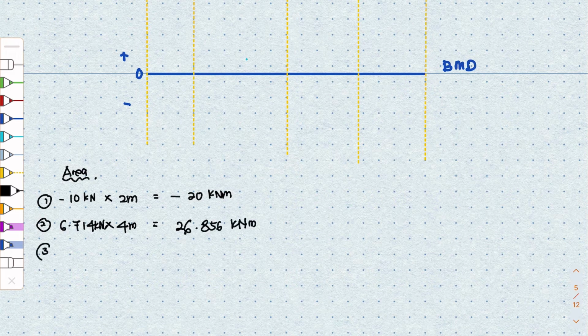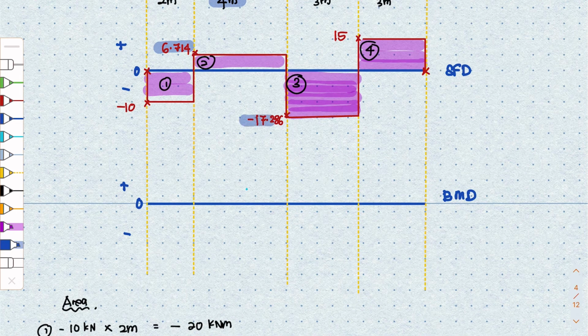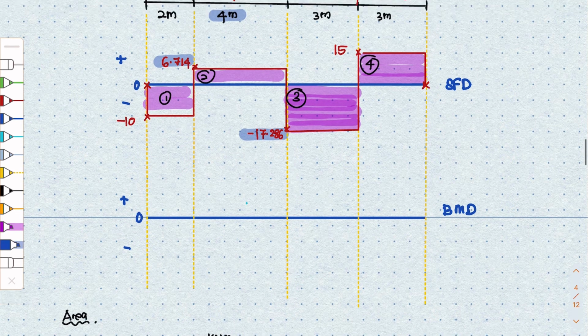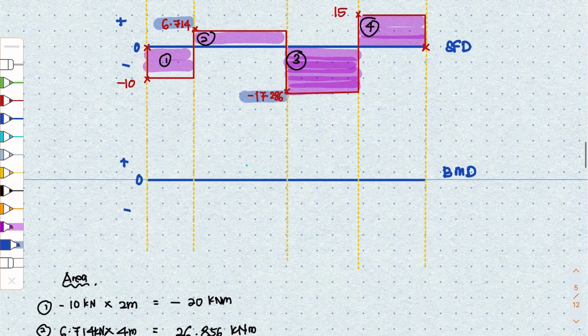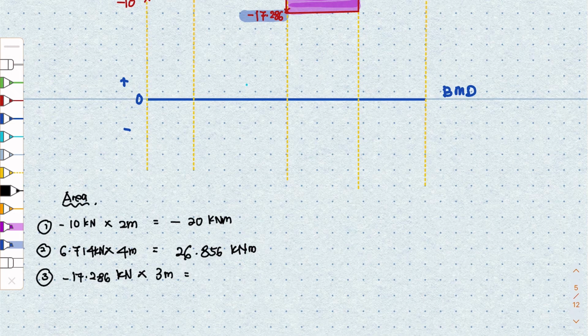26.856. For area 3, negative 17.286 as the height ataupun the force, and the length ataupun width dia adalah 3 meter. Therefore, area, kalau kita kira area, you will get negative 51.858 kilonewton meter.